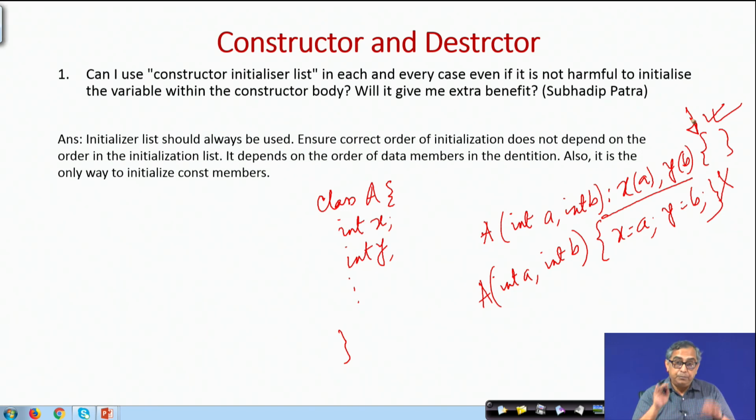At this point, please keep in mind that the object has got constructed, the construction process is over and the object is ready to be used. That is the meaning of a C++ constructor. After that, the body is to be used if you have to do some additional things after the construction has happened, but the basic construction is already over.